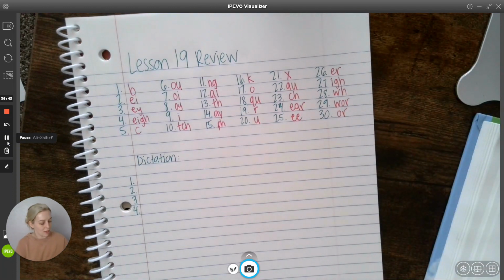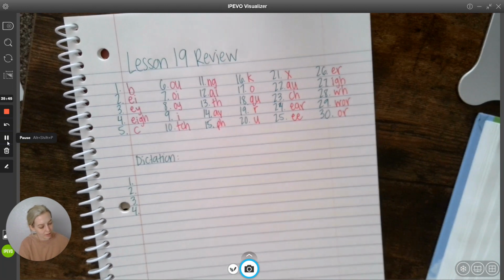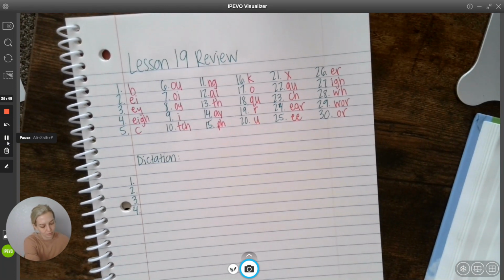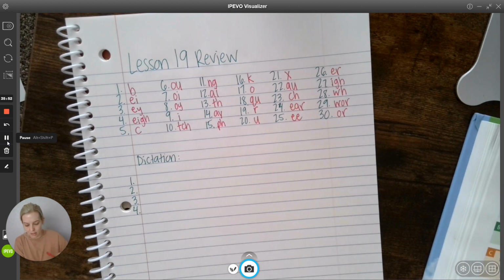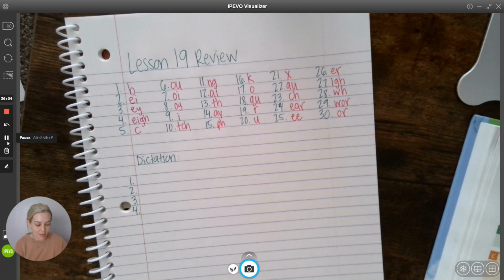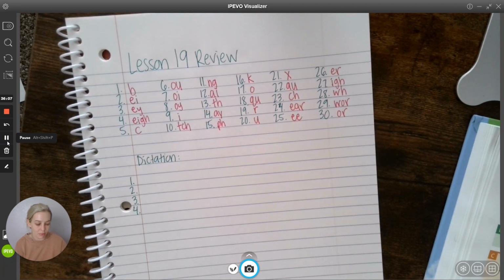All right, moving along to dictation. Four sentences today. Number 1, they improved the neighbor's house. They improved the neighbor's house.